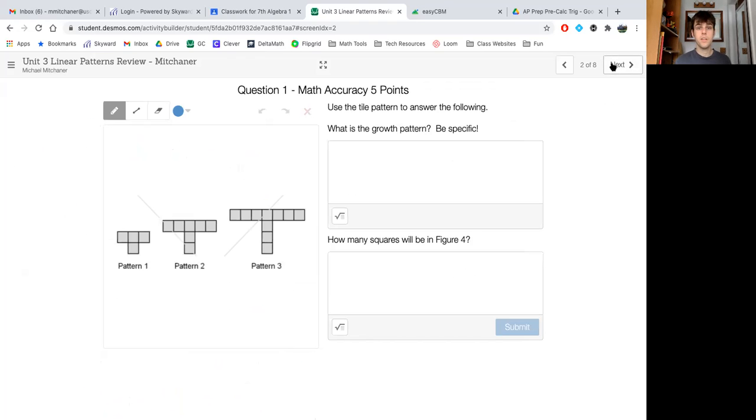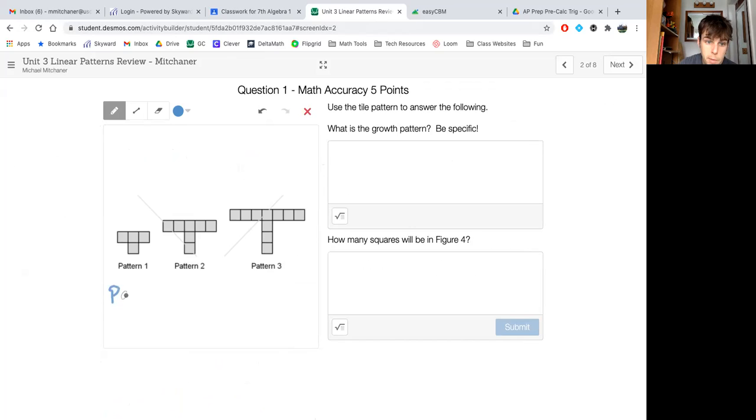Next, let's move on to the other things we learned in this unit. So we have these patterns of figures, and I want to talk about how those things are increasing, decreasing, how they're changing. One thing that's useful here might be to make a table.